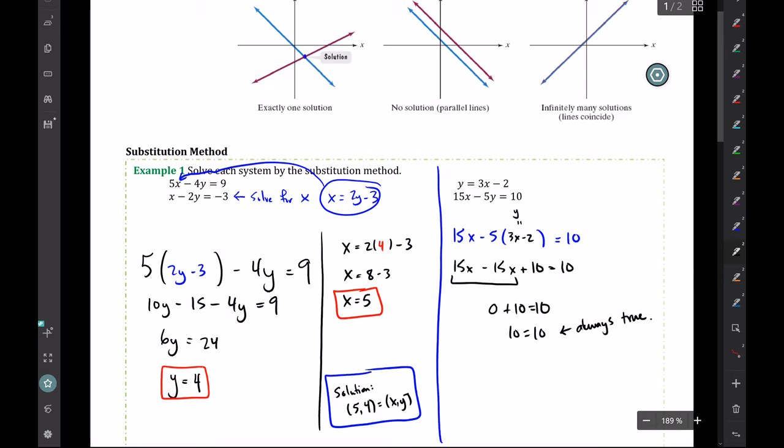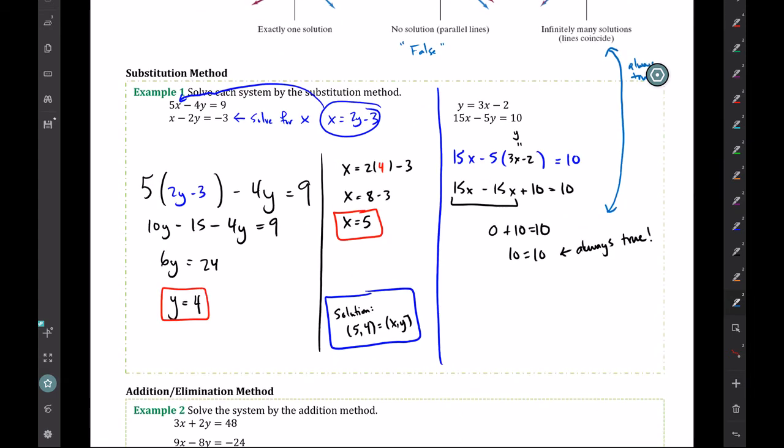What happened was we ended up in the situation where the two lines are right on top of each other. This is always true. If you have two parallel lines, that's like when you get a statement that's false, because there's no point of intersection.